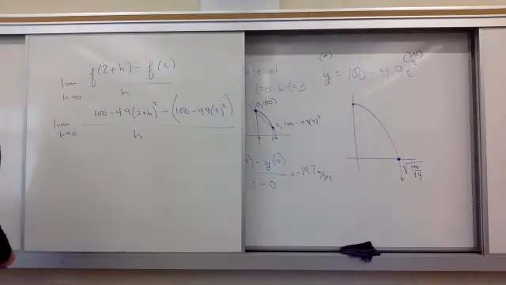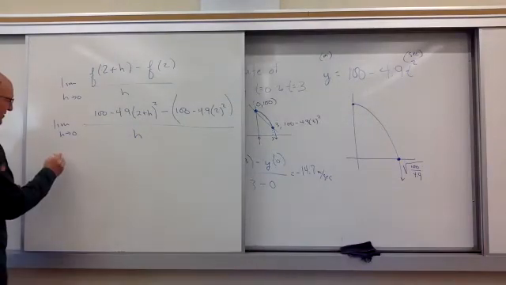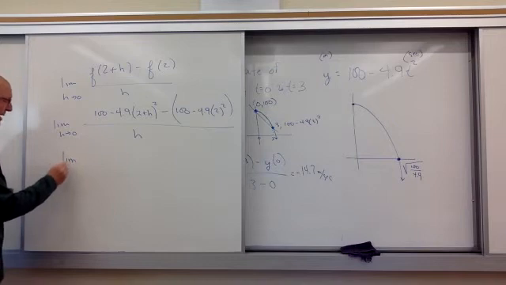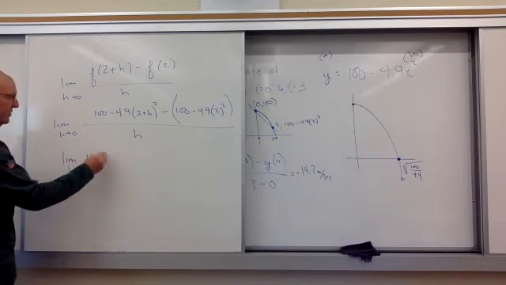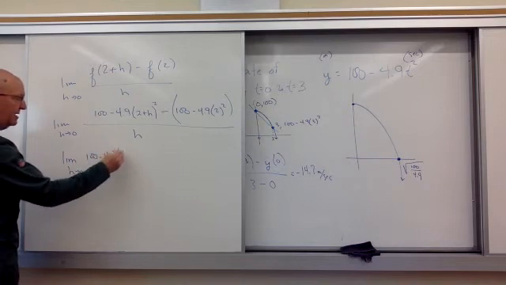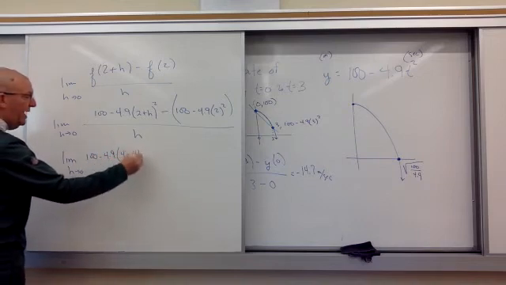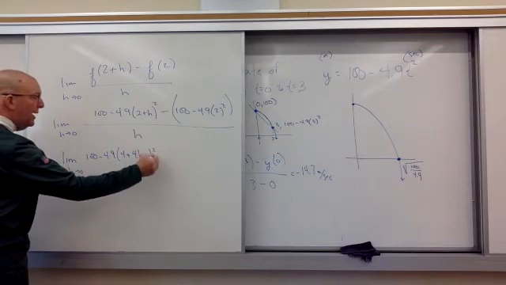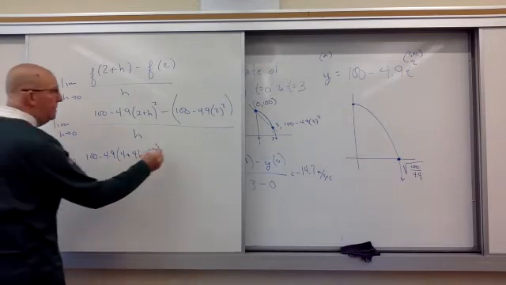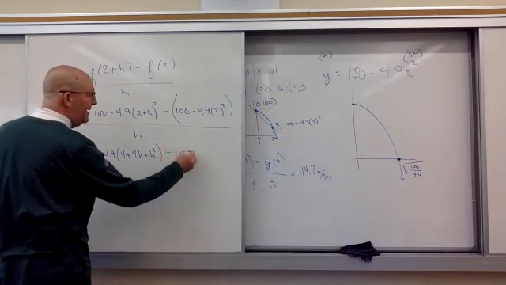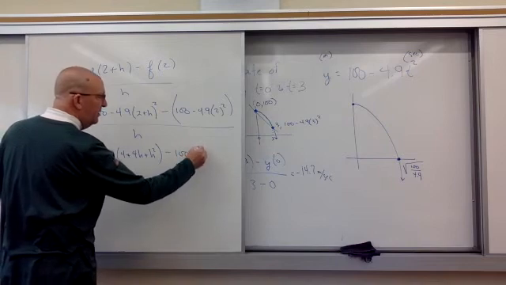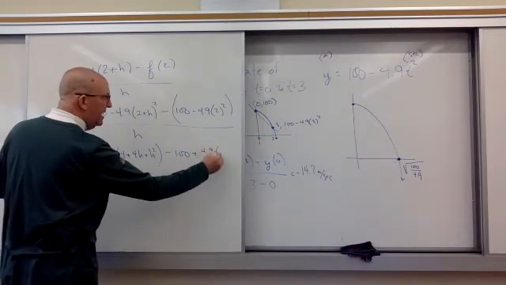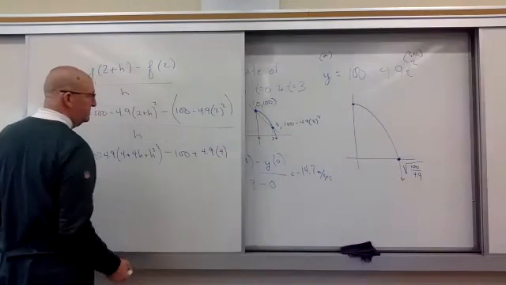Okay, so I'm just going to try to simplify this numerator a little bit. 100 minus 4.9 times (4 plus 4h plus h squared), minus 100 plus 4.9 times 4.